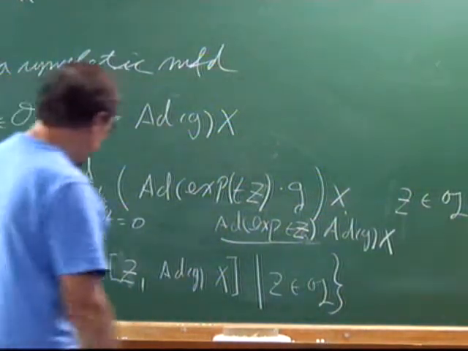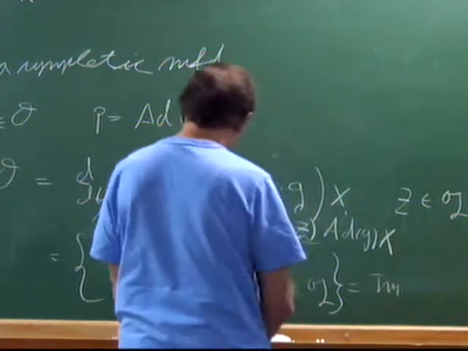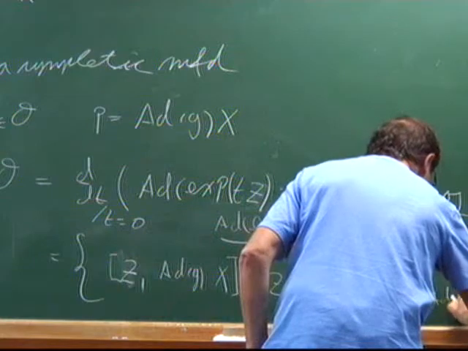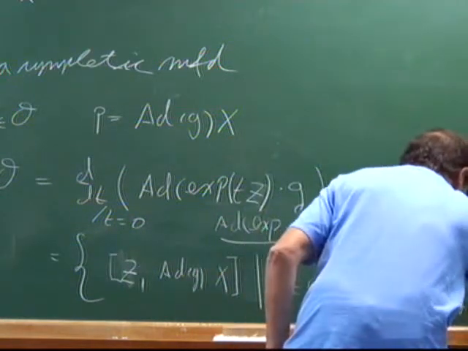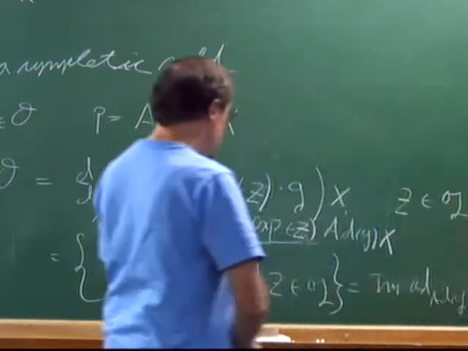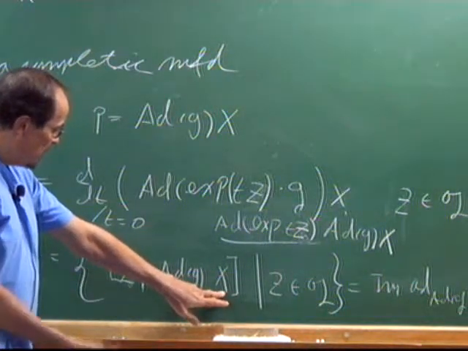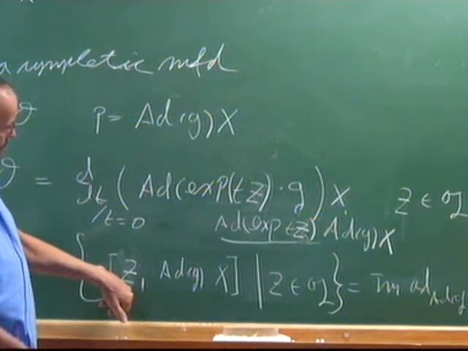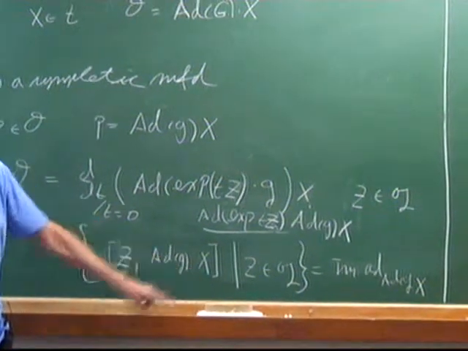Another way of saying that is it's the image of ad of Ad_g of X. All right, so here is Ad_g X, that's my fixed vector. Ad of that is an endomorphism. I apply this to any Z. So the image of ad of this here gives me this set, this vector space.